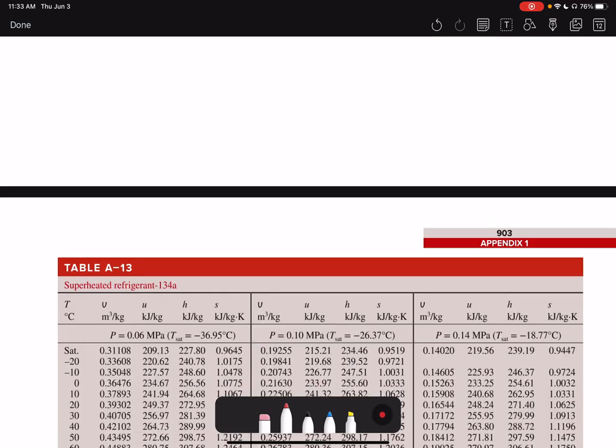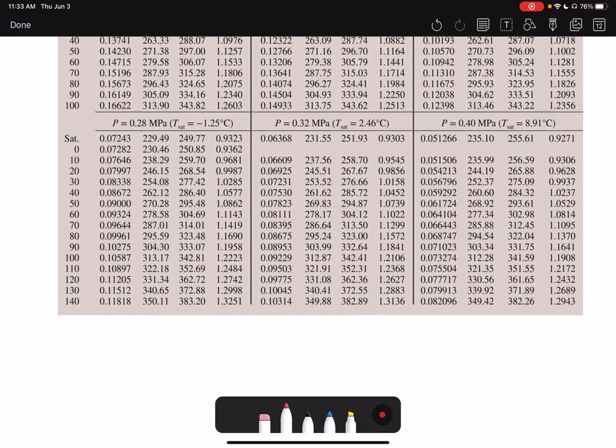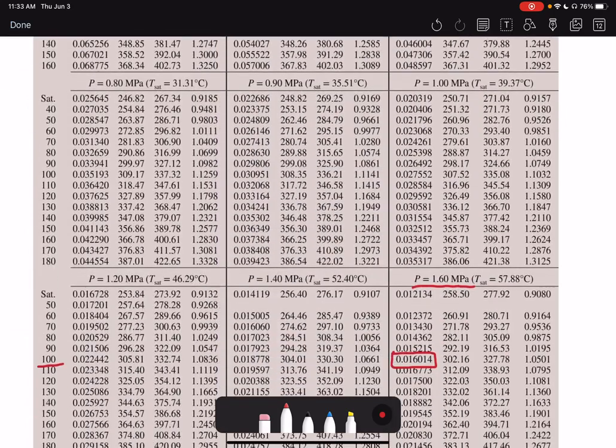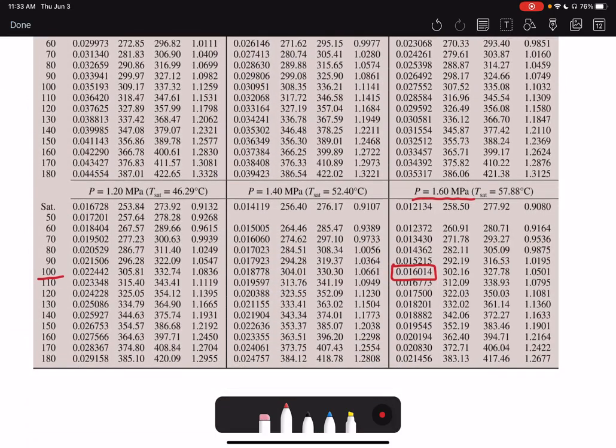And now that we go to superheated, we can go to 1.2 megapascals. And we see that at 1.2 megapascals, at a temperature of 50 degrees, we have that h is equal to 278.28.